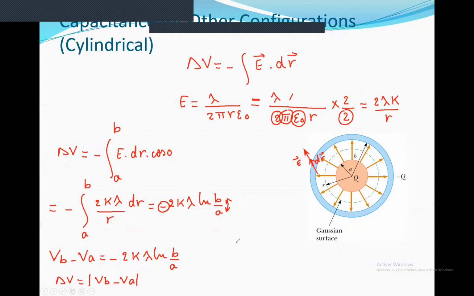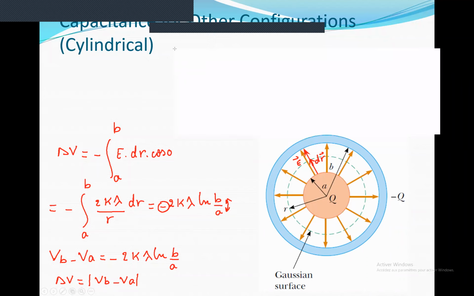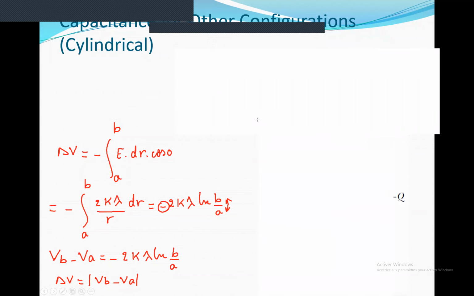So we can calculate now C. Here we can say delta V equals the absolute value of VB minus VA.